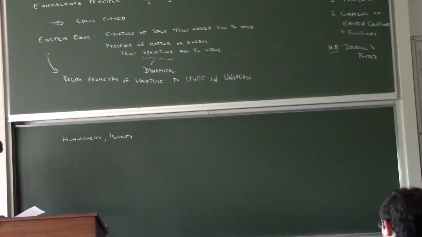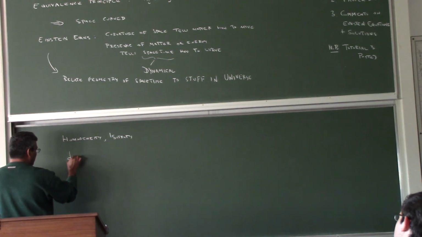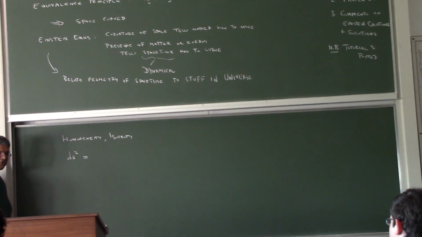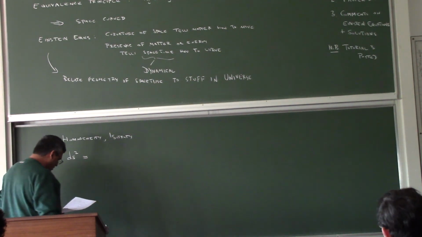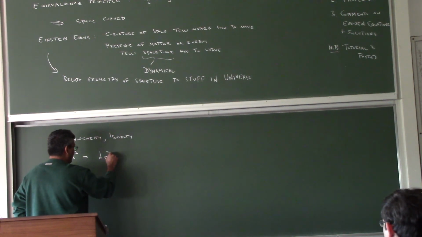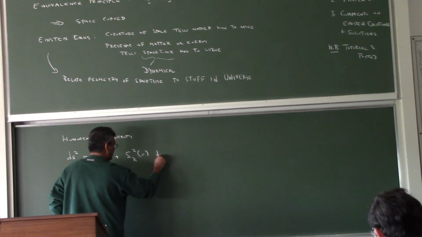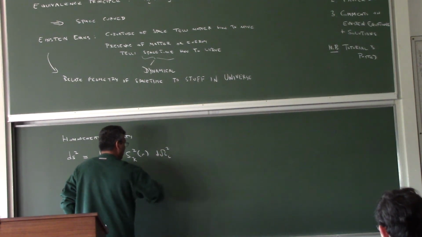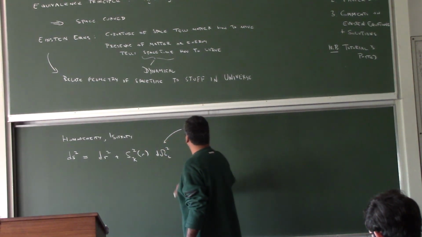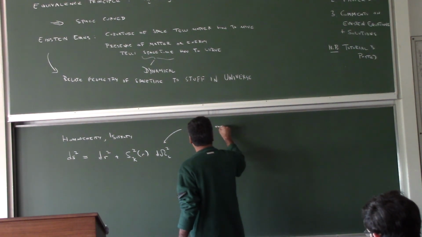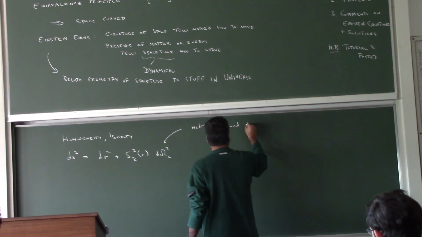Okay? And we looked at various metrics, and we wrote down an line element, ds squared. This is basically an expression of the Pythagorean theorem in whatever spatial slice you're looking at. And this guy was something like this. So d omega 2 squared is the metric on a round two-sphere.